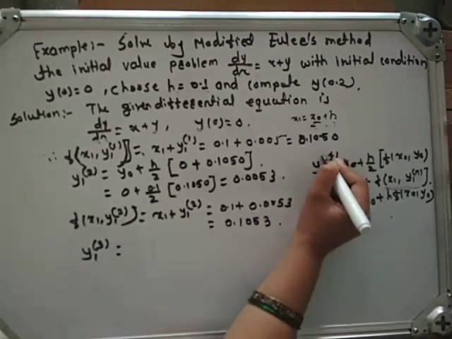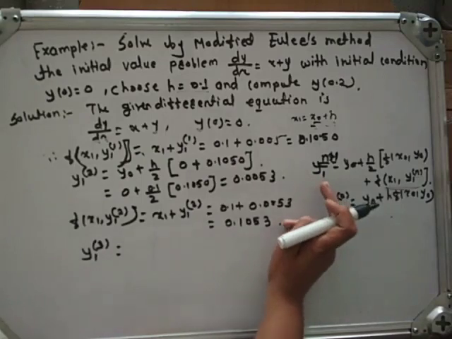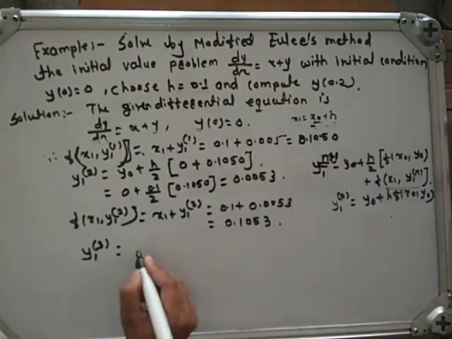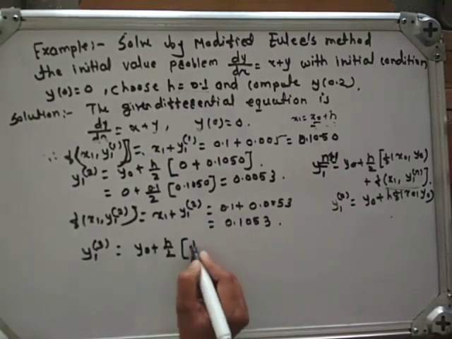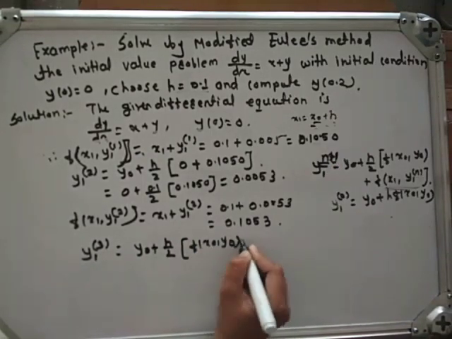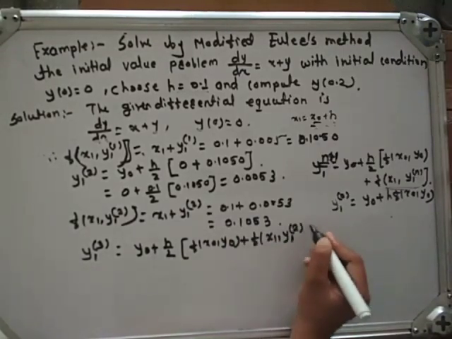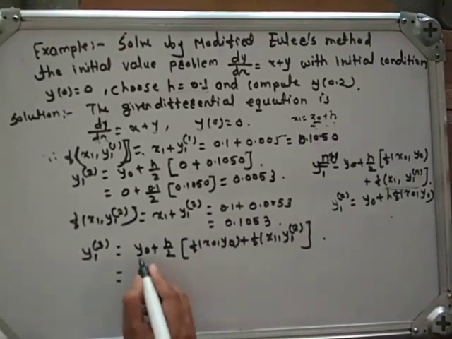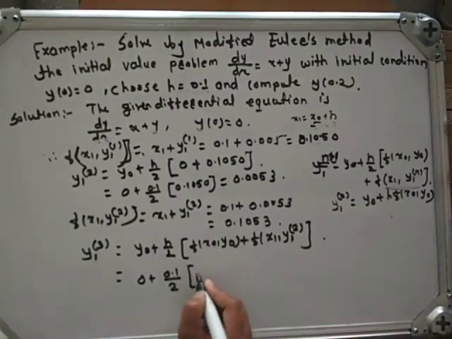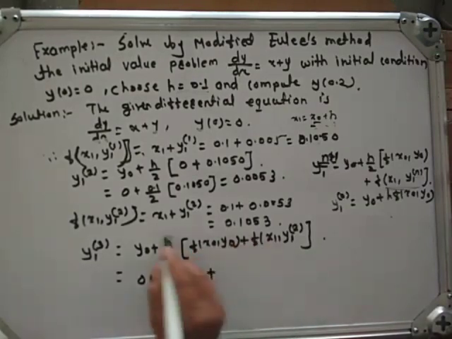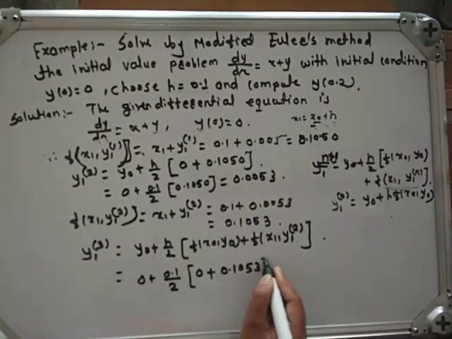Okay. So let us calculate y1 3. Here is y1 n plus 1. Put n equal to 2. Then we will get y1 3 is equal to y0 plus h by 2 into f of x0, y0 plus f of x1, y1 2. Here y0 is 0, h is 0.1 upon 2, into f of x0, y0 is 0 plus f of x1, y1 2 is 0.1053.